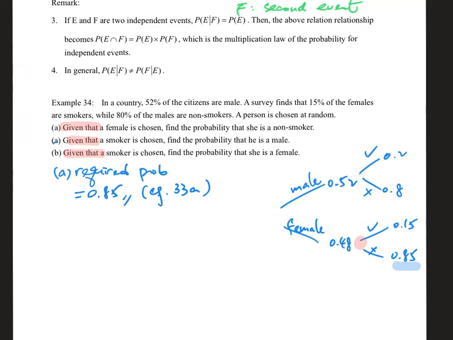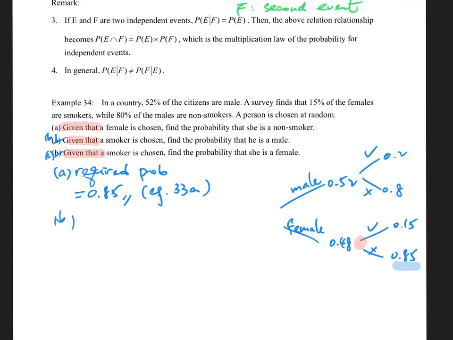The hardest job would be part B and part C. So let's read them one by one. Now, given that a smoker is chosen and you want to find the probability that he is a male, there's a trouble because in this tree diagram we can't start from smoking first. So in this situation we need to use conditional probability to swap the situation.